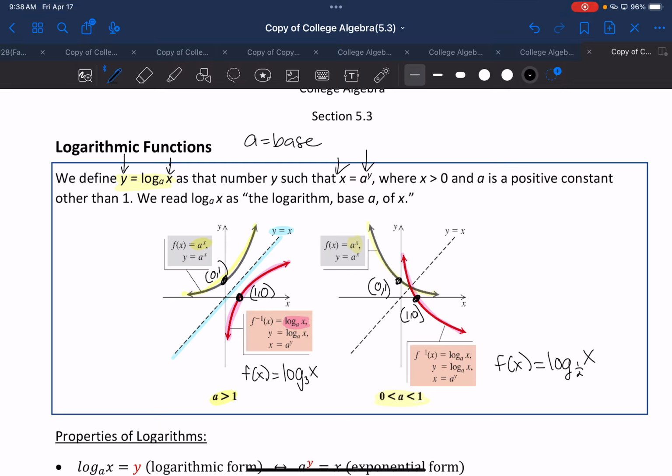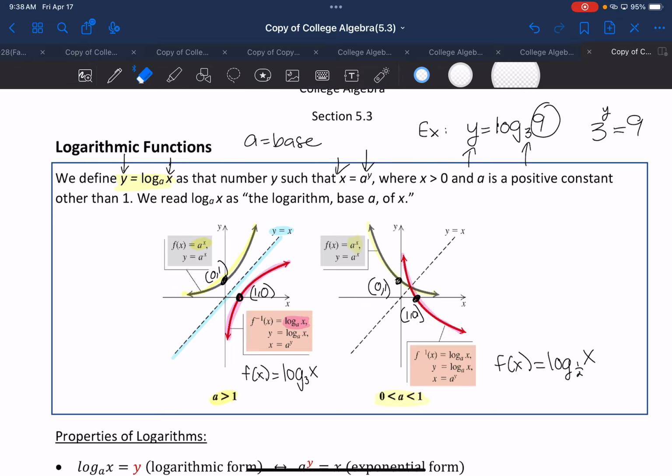So for example, if I had y equals log base 3 of 9, this is asking what is the exponent, which is the y, that 3 needs to be raised to in order to get 9.